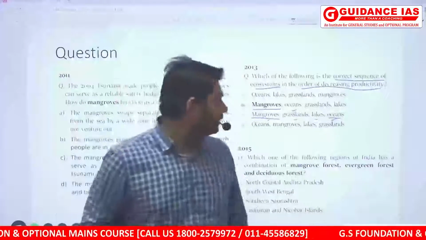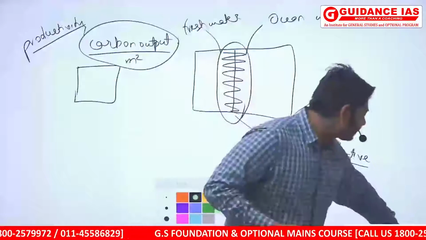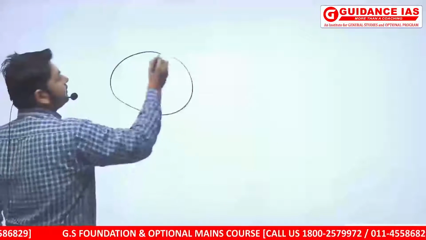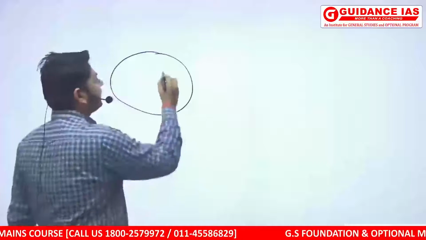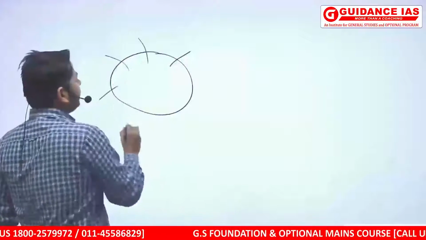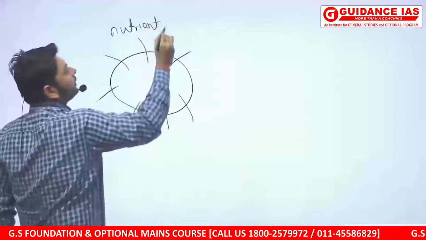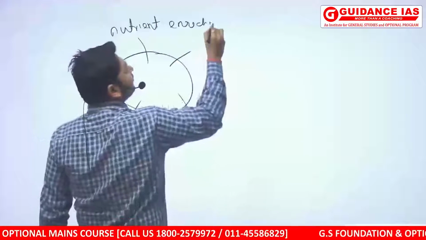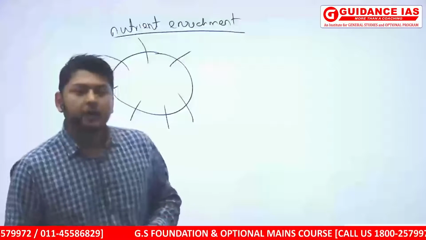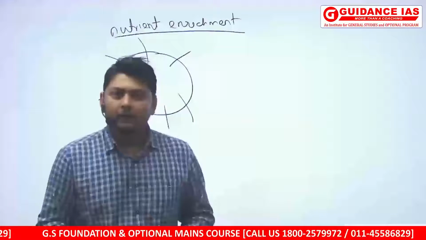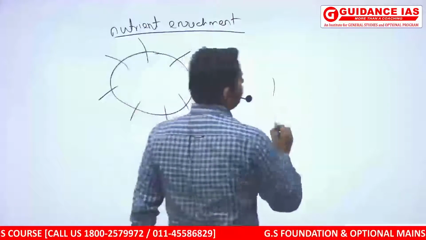Now if I want to compare the lakes and oceans, we can see that in a lake there are photic zones, aphotic zones, benthic zones, etc. But here there is nutrient enrichment, by the stream of a river, or by rainfall, or by human activity, or by fishes, flora, fauna, etc. But the ocean is a very vast territory.